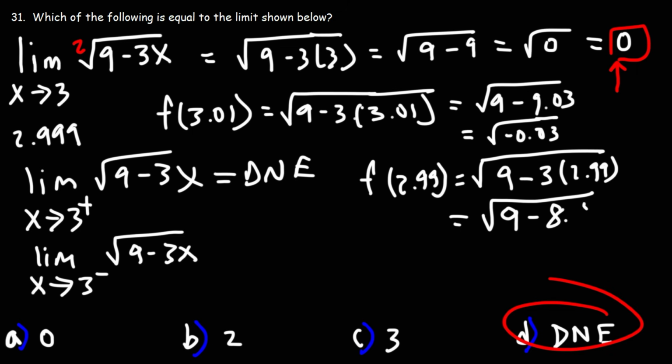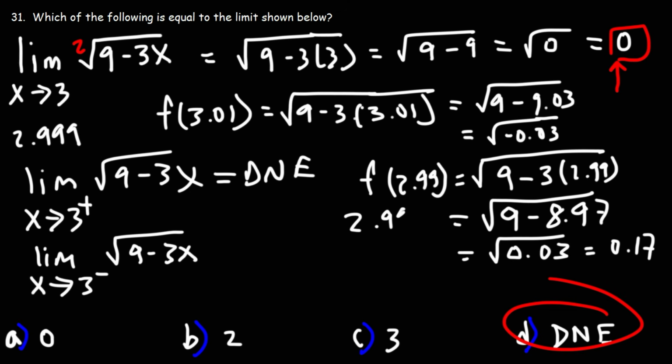That's 8.97. 9 minus 8.97 is 0.03. The square root of 0.03, it's 0.17. But as you get closer and closer to 3, let's say if you were to do 2.99999, it'll get closer and closer to 0. So the limit as x approaches 3 from the left side, that exists. That equals 0. That's what we got here.